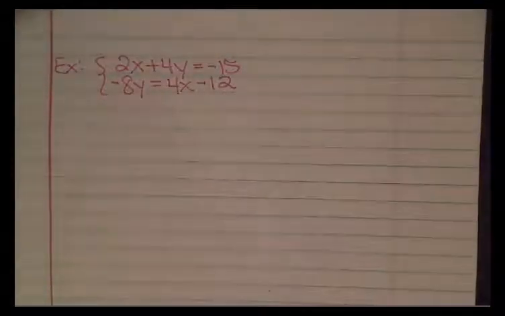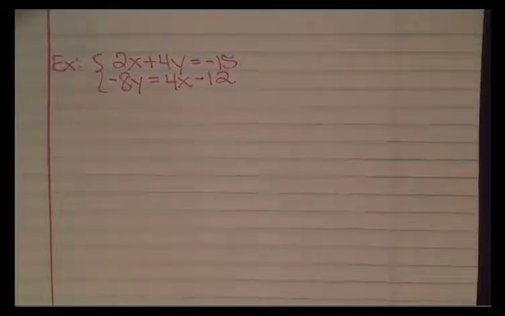Alright, let's do an example. We have 2x plus 4y equals negative 15, and negative 8y equals 4x minus 12. For this problem, it wants to know whether it's consistent, inconsistent, or dependent.